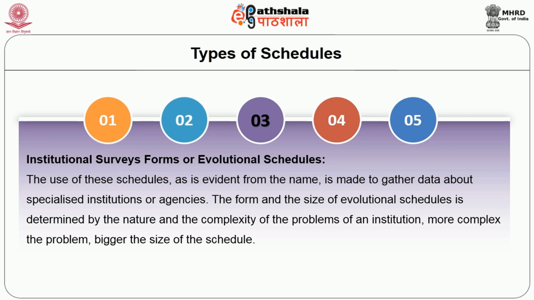The use of these schedules, as is evident from the name, is made to gather data about specialized institutions or agencies. The form and the size of evaluational schedules is determined by the nature and the complexity of the problems of an institution. More complex the problem, bigger the size of the schedule.